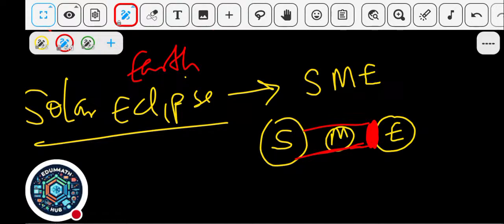So human beings at this particular point of the earth will not be able to see the sun, because it is obscured or blocked by the moon. The moon is blocking the sun.